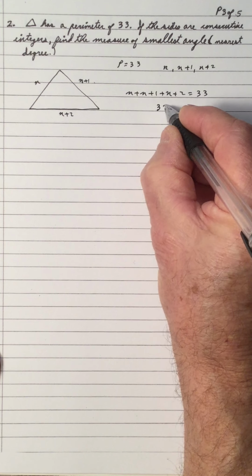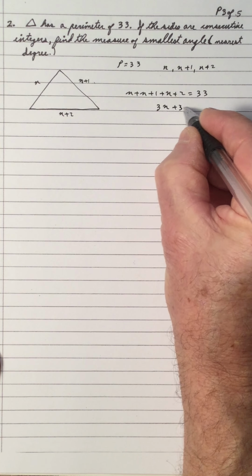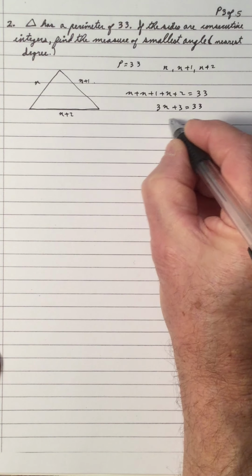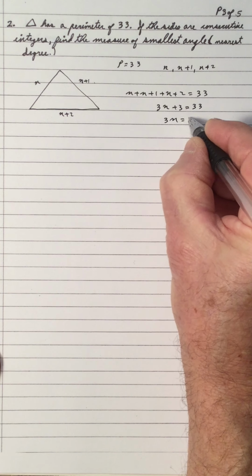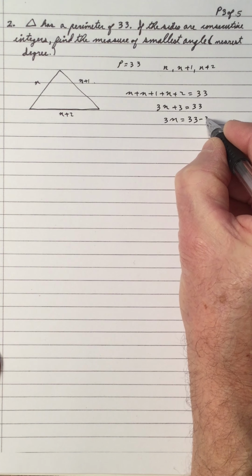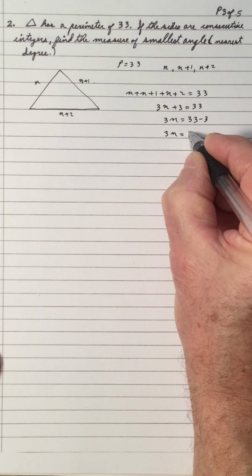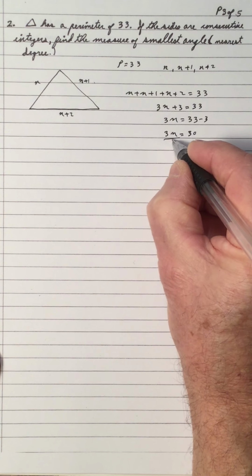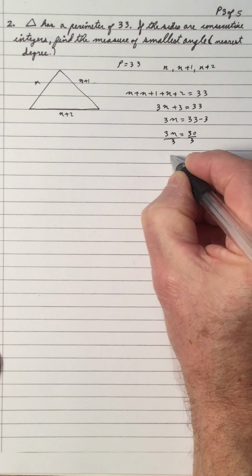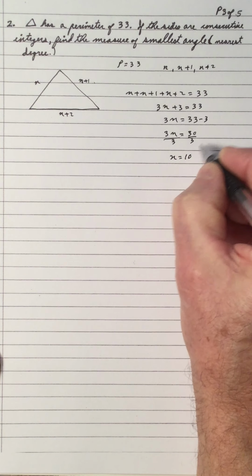So it's 3n plus 3 equals 33. 3n is 33 minus 3. 3n equals 30. Divide by 3, n is equal to 10.